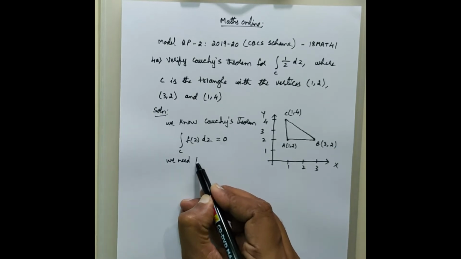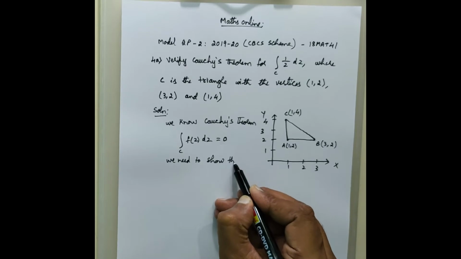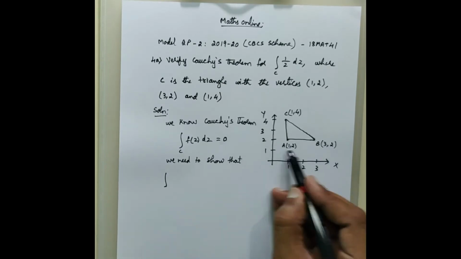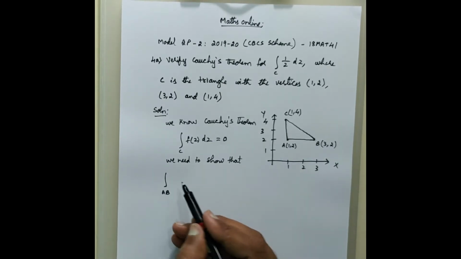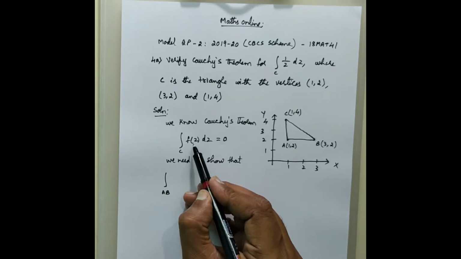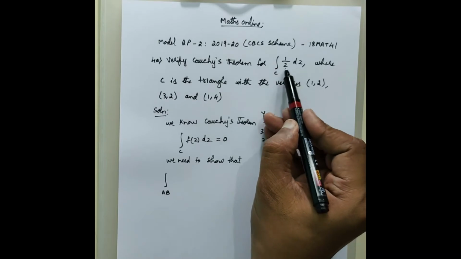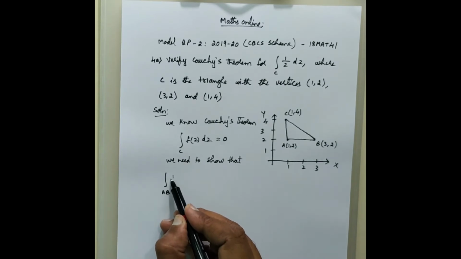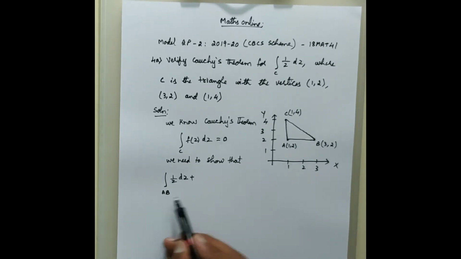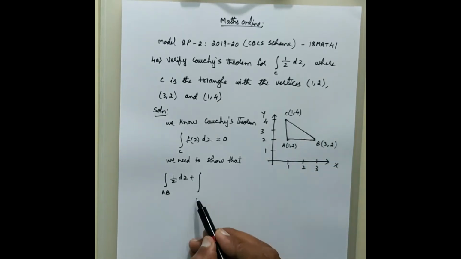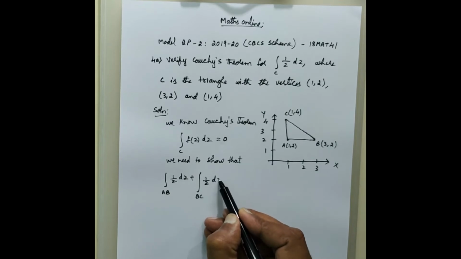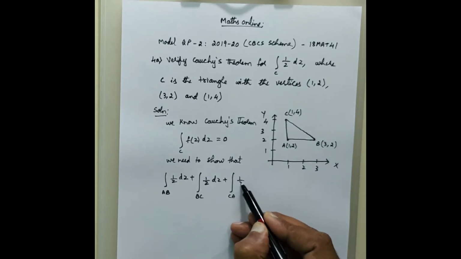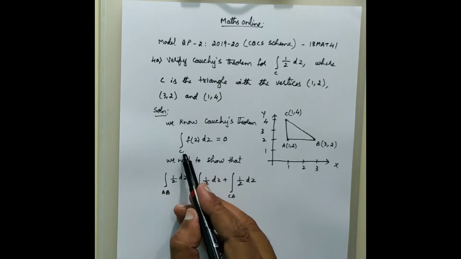So we need to show that the integral along AB of f of z dz, where f of z is given as 1 by z in the question, plus the integral along BC of 1 by z dz plus the integral along CA of 1 by z dz should be equal to 0 according to Cauchy's theorem.